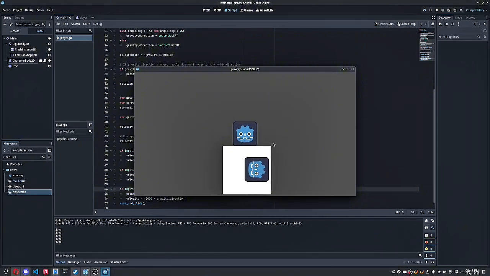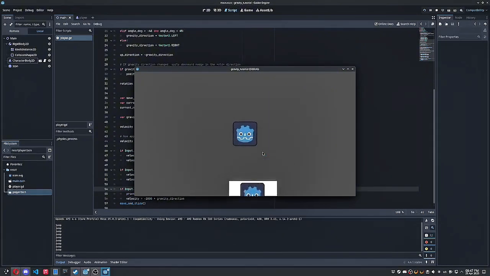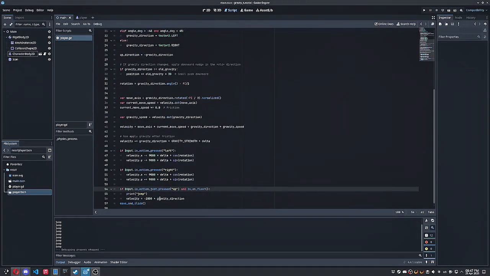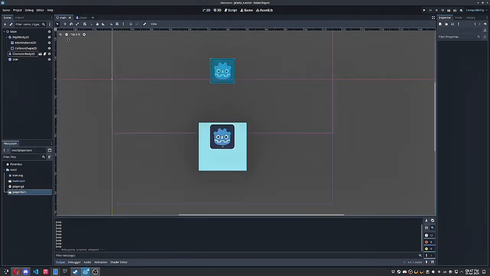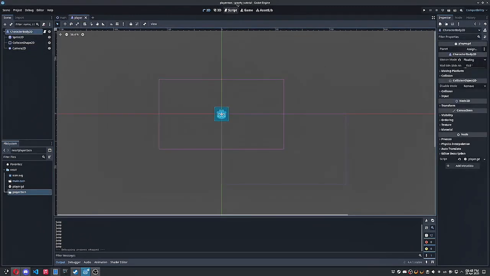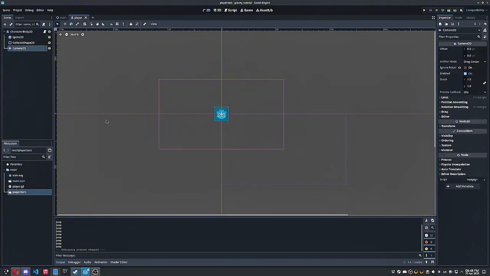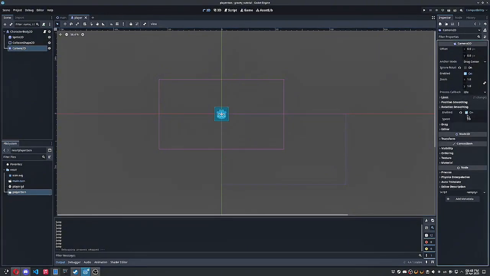Now, our rotation isn't smooth or anything, which can get annoying for some people. I understand. But I personally like the rotation not smoothed. And what you can do if you want the rotation to look a little bit more smooth, but you don't really want to use a lerp or a tween, you can go into rotation smoothing and either turn this up.